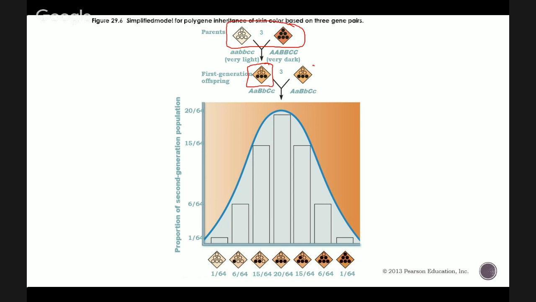If they have an offspring with another person with a similar background that has intermediate skin color, but their parents also, one was very light and one was very dark, what it's showing you is that when these two parents who have an intermediate skin color have a child, they could have anywhere from a very light-skinned child to a very dark-skinned child.